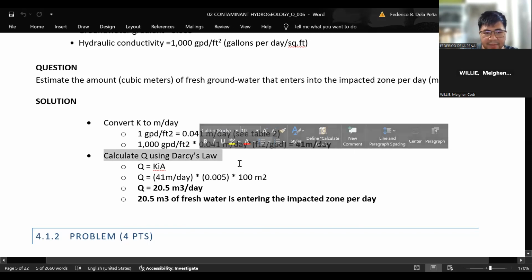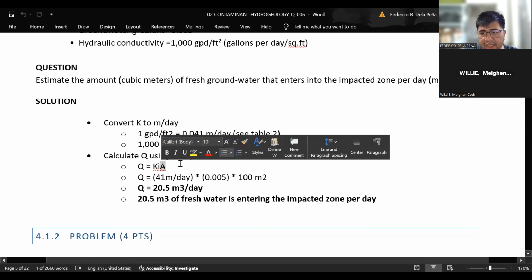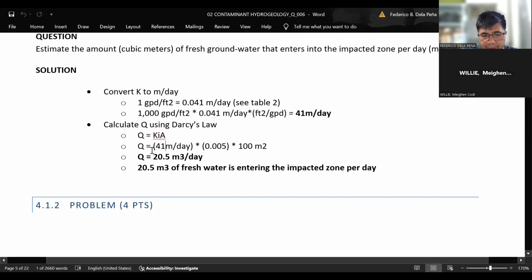Now, the second step is to calculate your discharge using Darcy's equation, which is discharge equal to hydraulic conductivity multiplied by hydraulic gradient by the cross-sectional flow area.